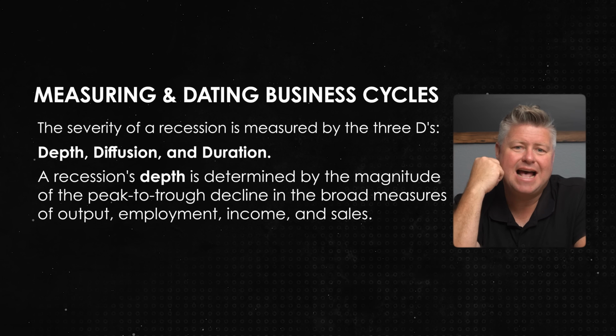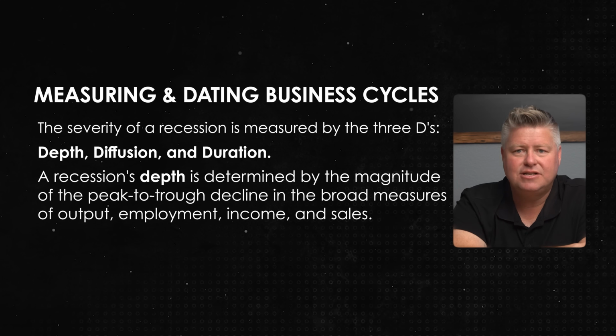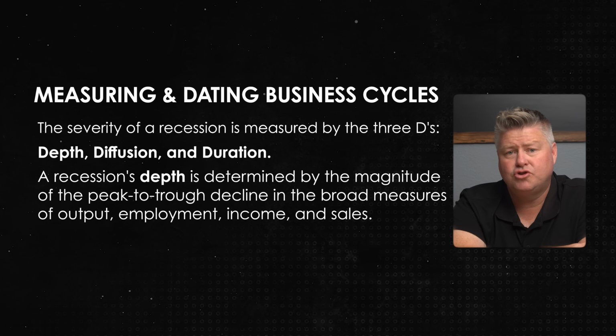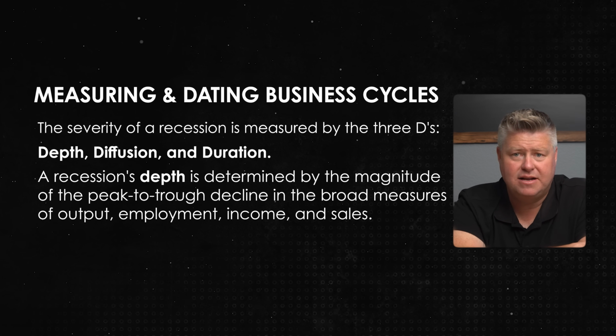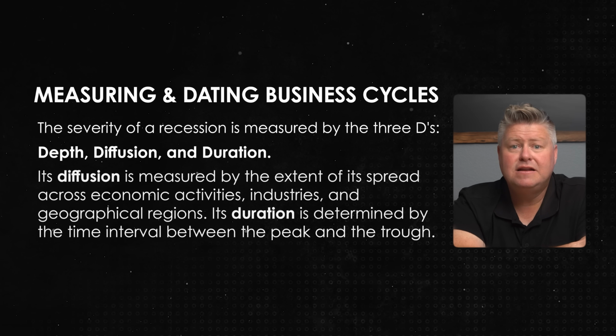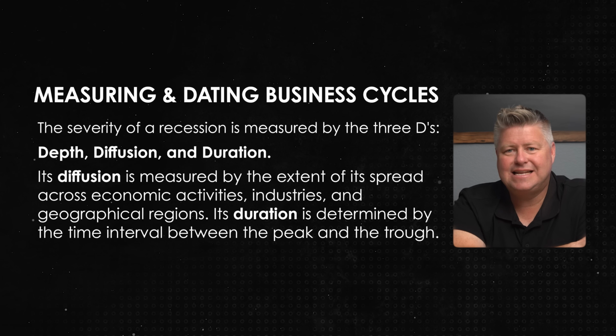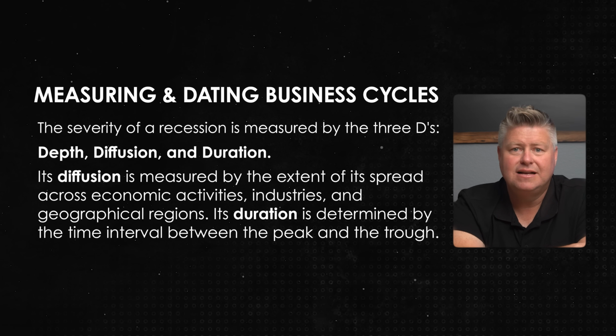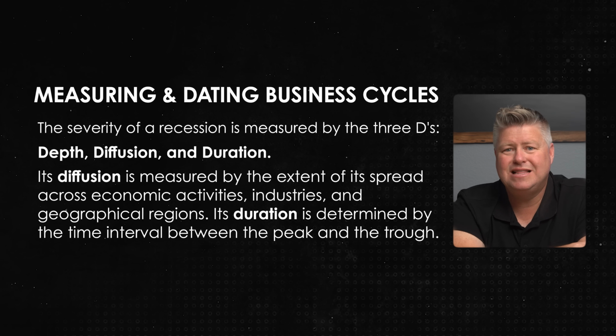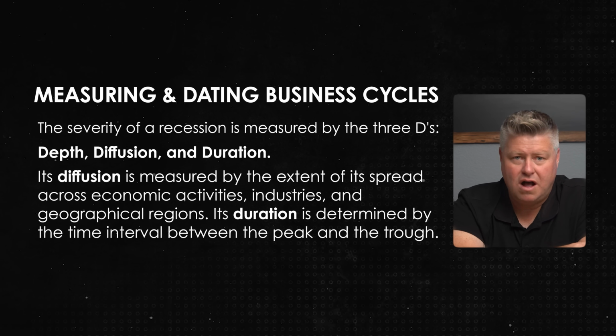A recession's depth is determined by the magnitude of the peak to trough decline in the broad measures of output, employment, income, and sales. The diffusion is measured by the extent of its spread across economic activities, industries, and geographical regions. Its duration is determined by the time interval between the peak and the trough.